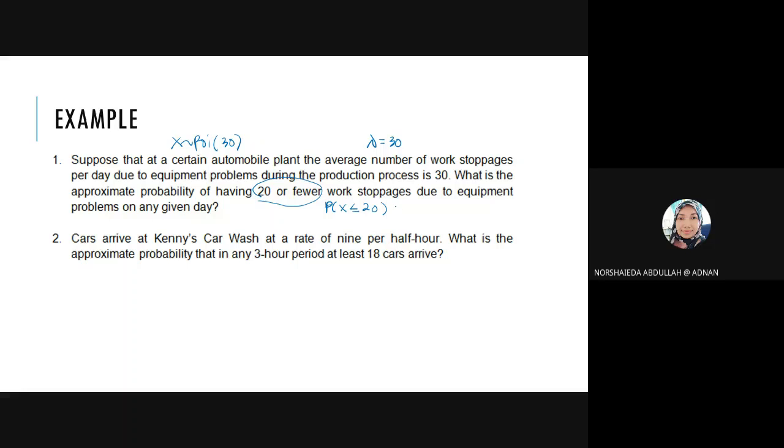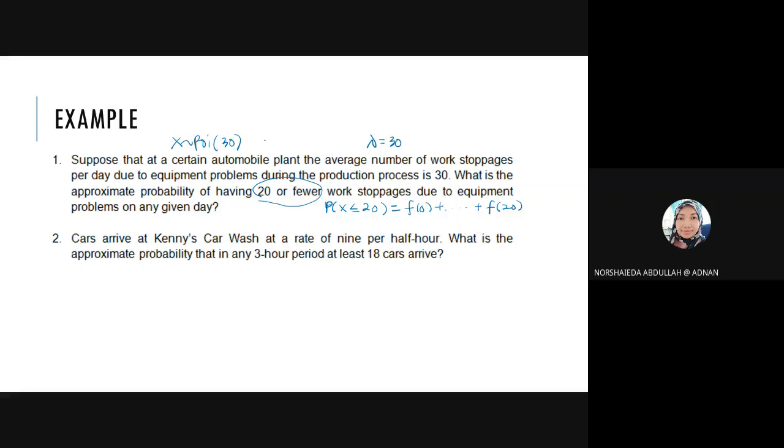Okay, if you want to use the Poisson distribution, we need to add P(0) plus up to P(20). It's not difficult, but quite a hassle to calculate this. So because lambda is big, we can use the normal approximation. It is better for us to use the normal approximation because it is easier to calculate, and the probability, the answer is also precise.